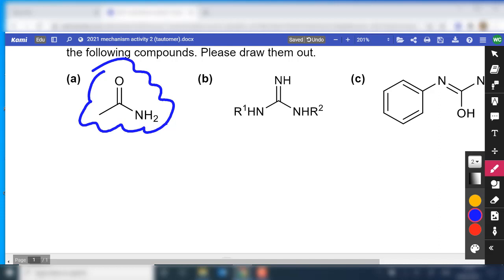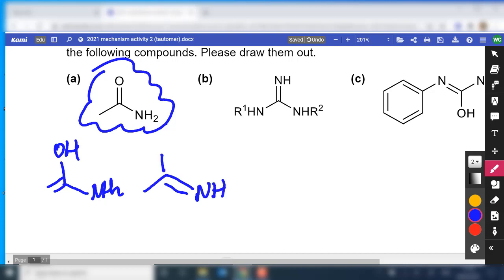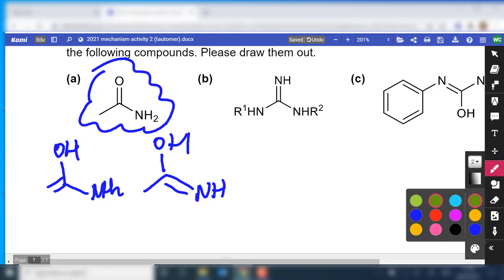So the other two potential tautomers, one of them will look like this. Okay, so instead of C=O, I have C=C and then NH2. Okay, and then the other tautomer will look like this. Instead of C=O, I have a C double bond N, okay, and then OH. Are we able to tell straight away which is more stable?